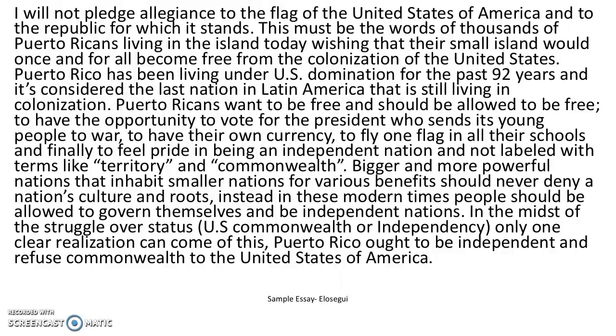Instead, in these modern times, people should be allowed to govern themselves and be independent nations. In the midst of the struggle over status, U.S. Commonwealth or independency, only one clear realization can come of this. Puerto Rico ought to be independent and refuse Commonwealth to the United States of America.